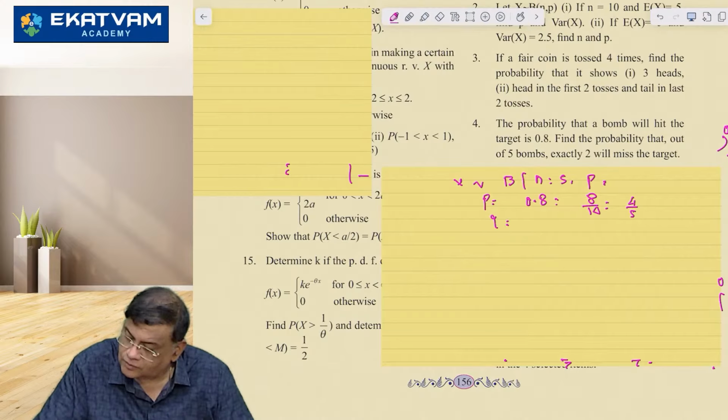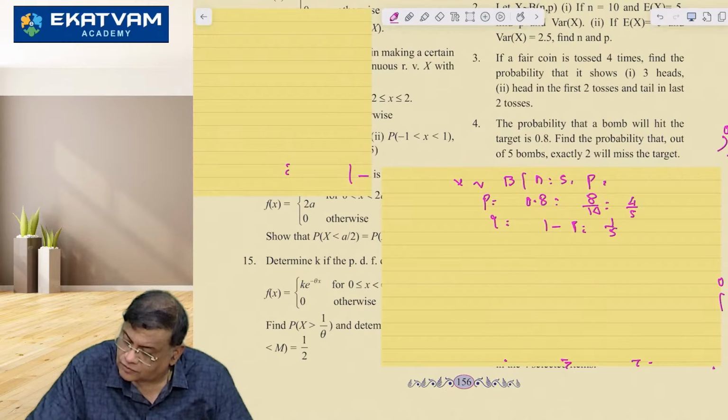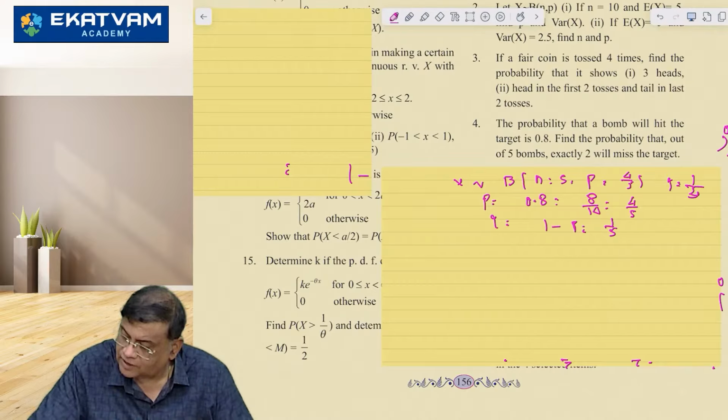So q is 1 minus p will be 1 by 5. So p is 4 by 5, q is 1 by 5.